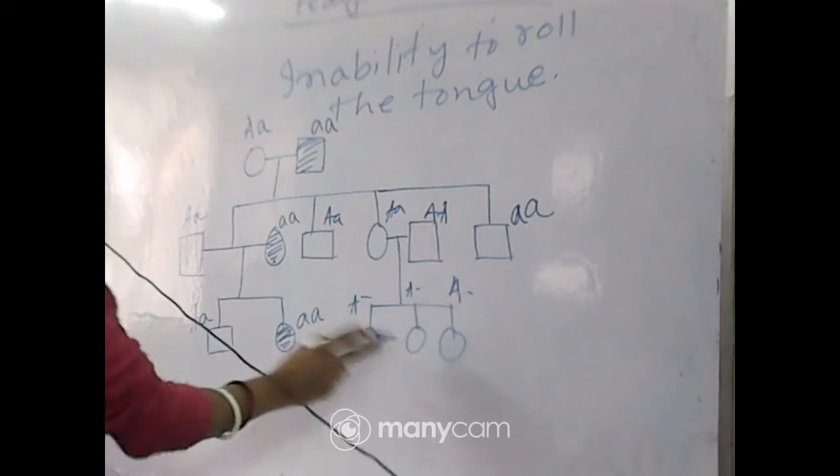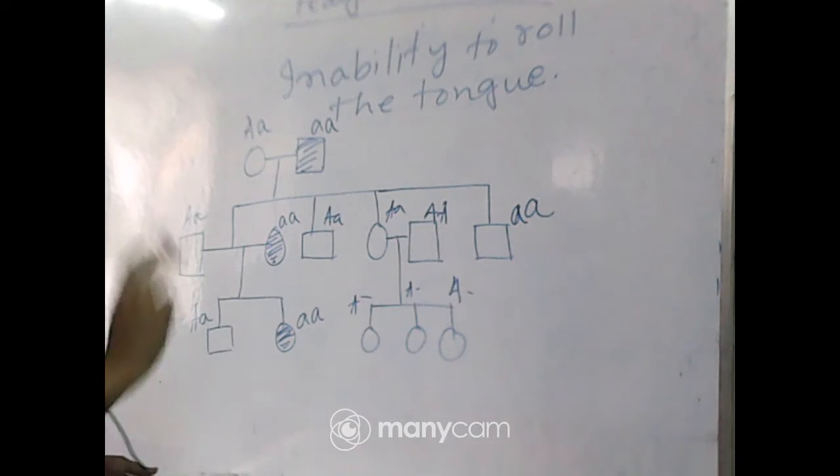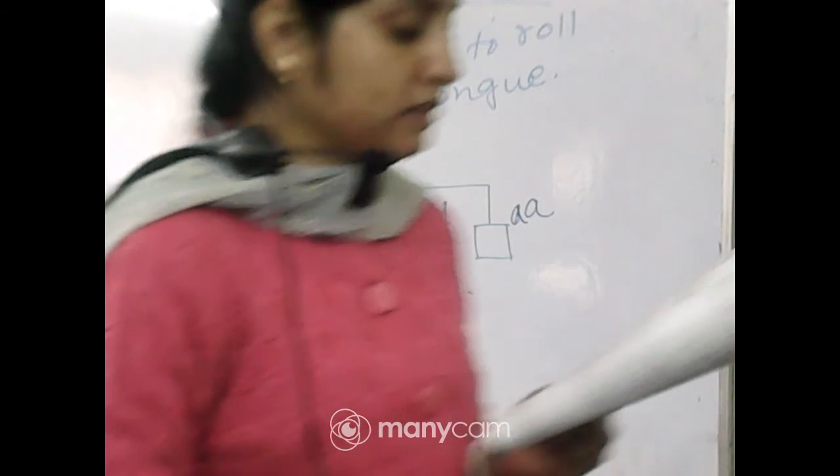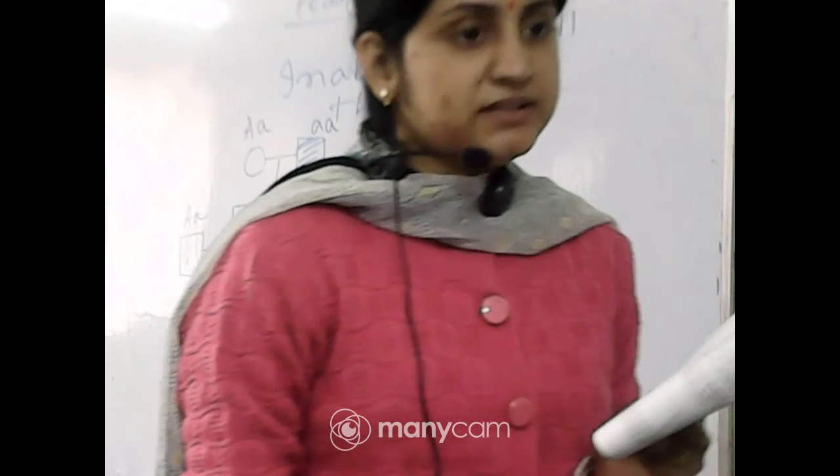Because they are unable, they are obviously either heterozygous or dominant. So you just tell that the inability to roll the tongue appears in the progeny due to recessive genes.